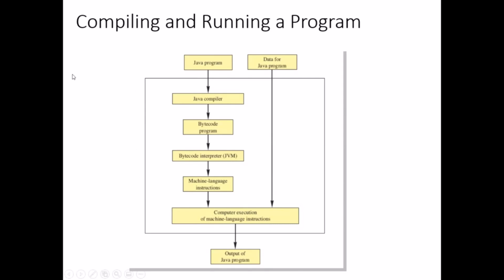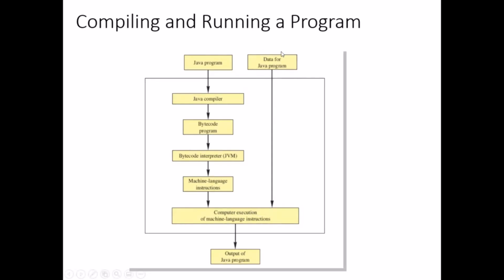This is the big picture of how your program is translated and run by any computer. First, your program is compiled into bytecode, and then the JVM, which is the interpreter, will translate bytecode into machine language and give it to the computer.